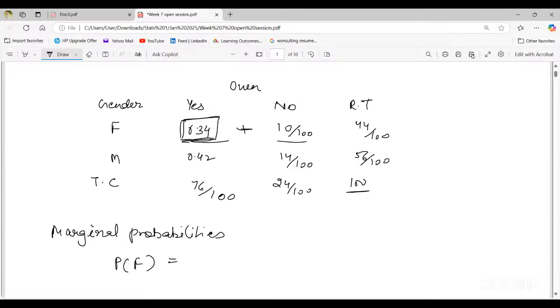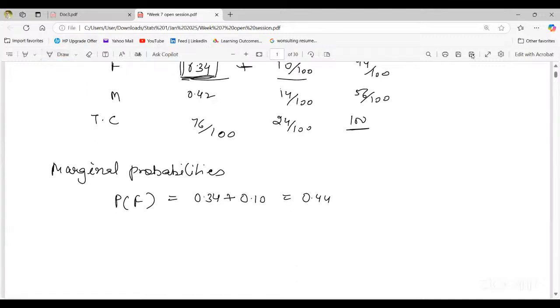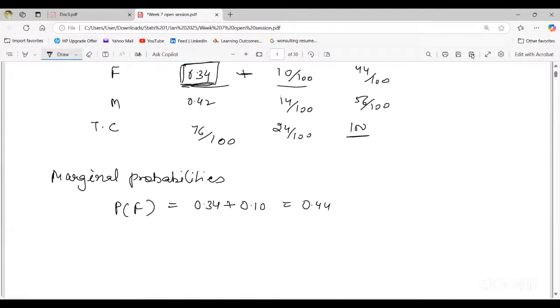So this would be equal to 0.34 plus 0.10, which is 0.44. Basically, these four values are my marginal probabilities. This is my probability of female, this is my probability of male, this is the probability of people owning a smartphone, and this is the probability of people not owning a smartphone. Correct?